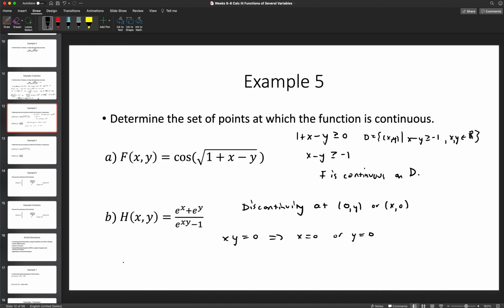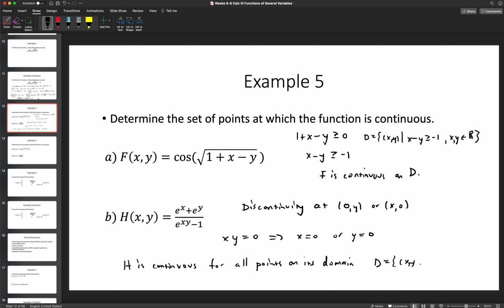So we could say that h is continuous for all points on its domain, but that domain D in this case is different.